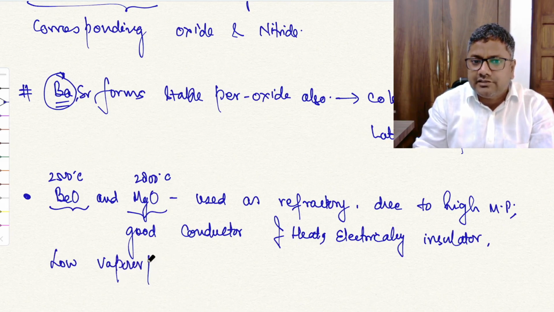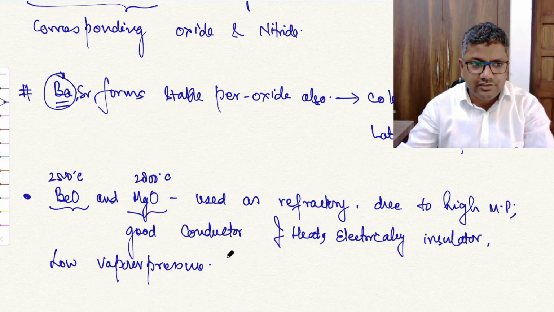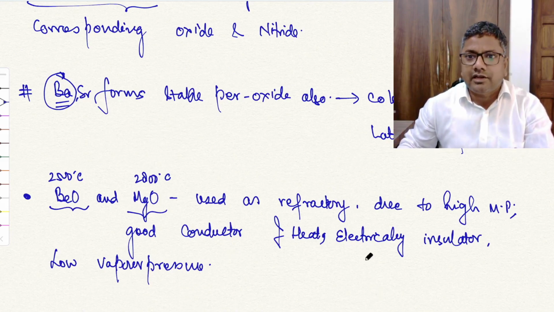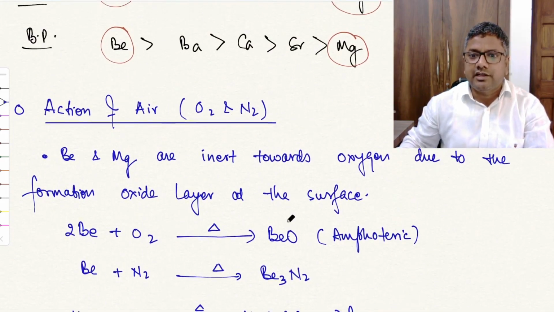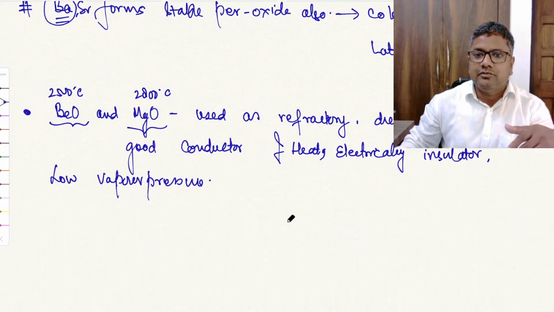This makes these compounds a good refractory material, right? Okay, so hopefully all of you are clear on the reaction of oxygen and nitrogen with the second group metals.